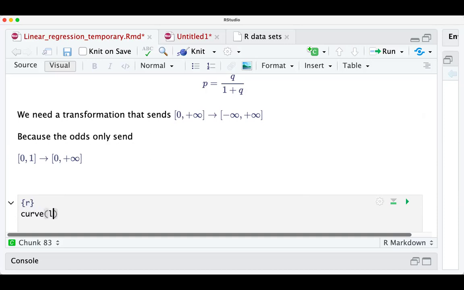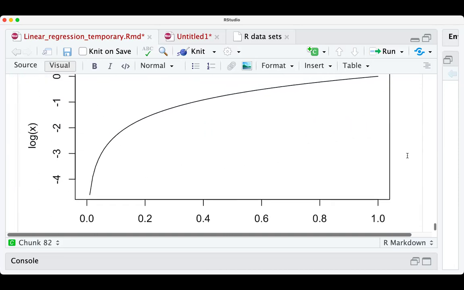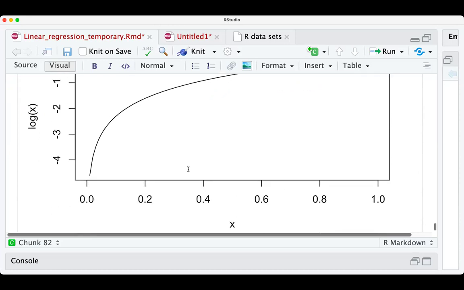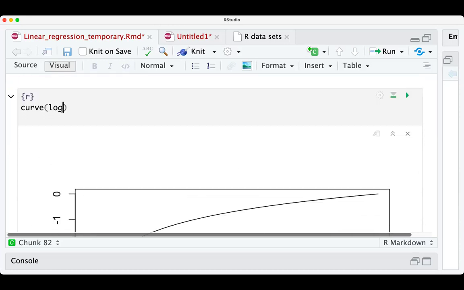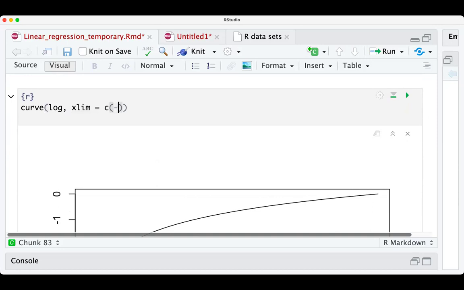Curve log x, with xlim equal to say -10 to 10 and ylim equal to -10 to 10.